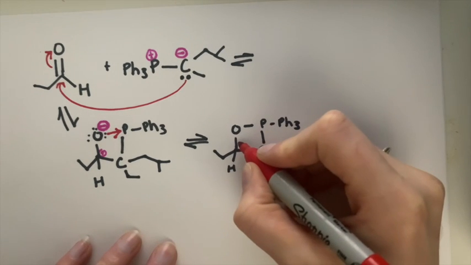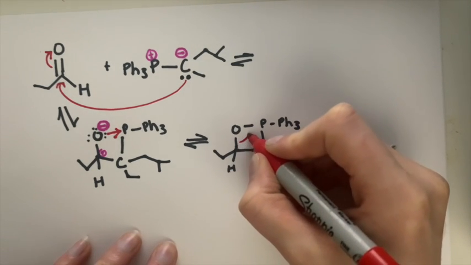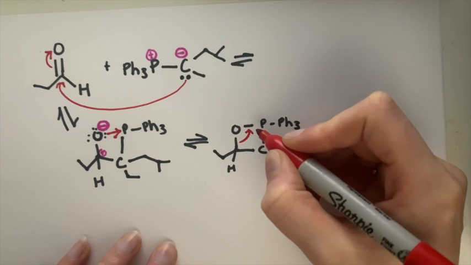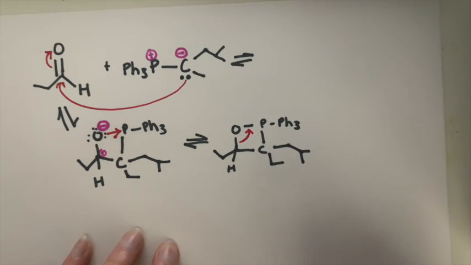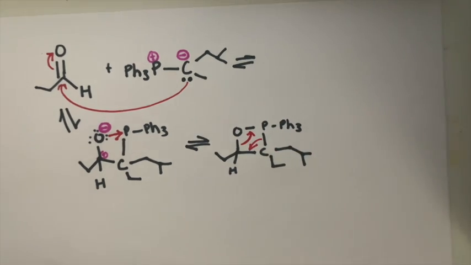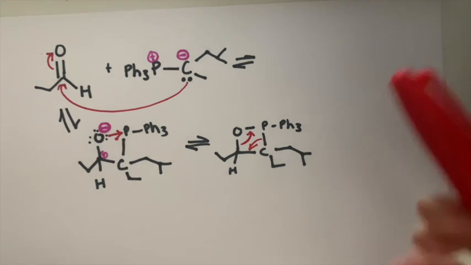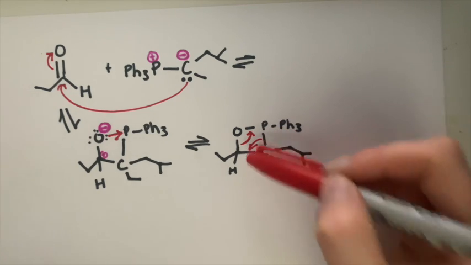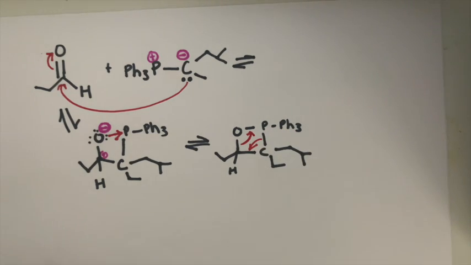Next, the bond here can attack the bond between the electronegative oxygen and phosphorus, and this forms a double bond in phosphine oxide. Phosphorus will have too many electrons, so it will give up the electrons in the bond between itself and carbon and will give itself to form the double bond in the alkene structure.